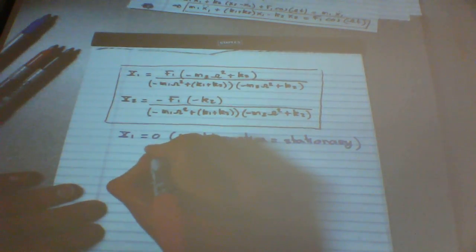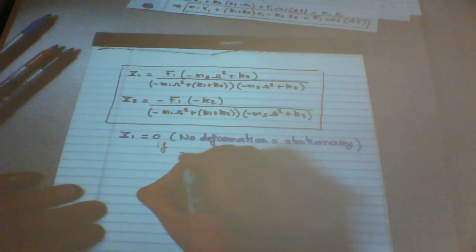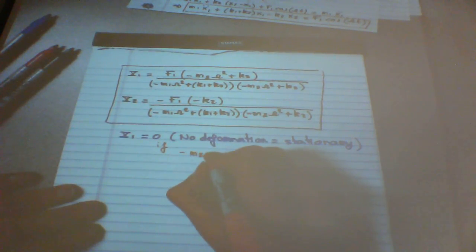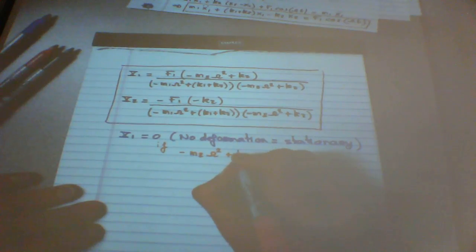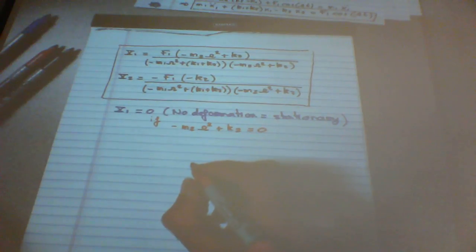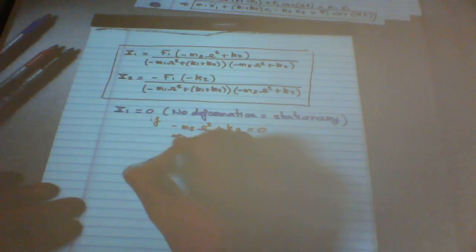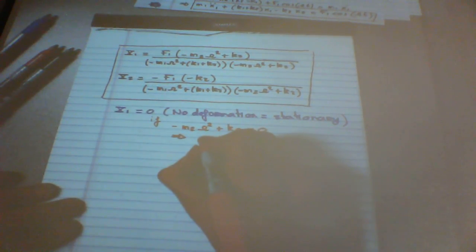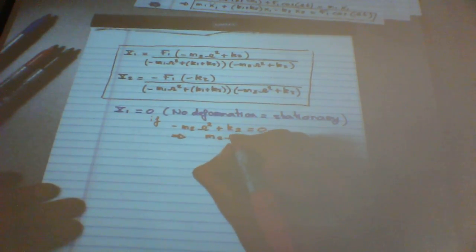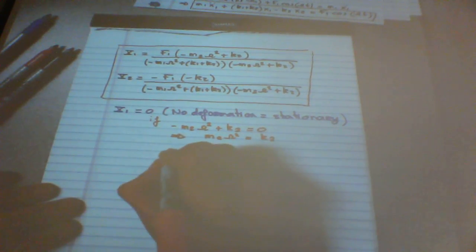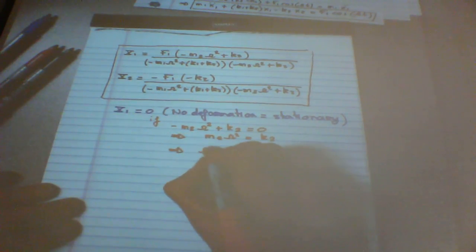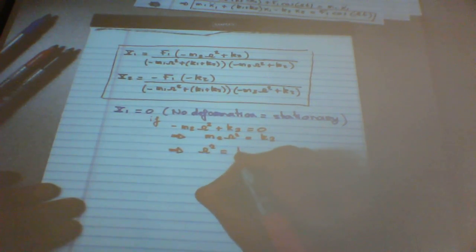If minus m2 omega squared plus k2 equals 0, which means m2 omega squared equals k2, or omega squared equals k2 over m2.